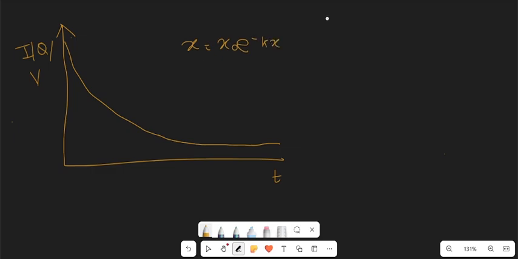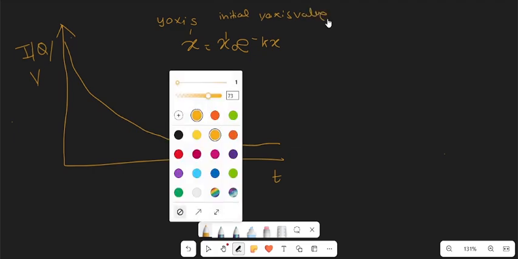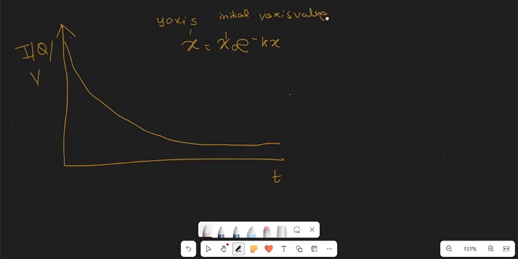Now this formula is something that you will see a lot in other chapters as well. This is more of a generic formula. Let me break it down. This is the y-axis value, this is the initial y-axis value, this e is exponential, and this negative is there because it is a decreasing graph.